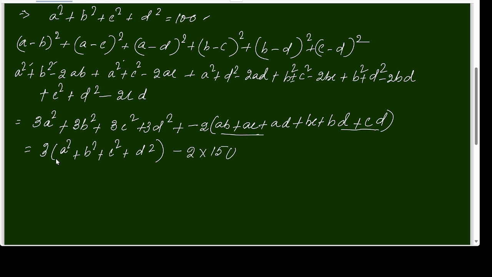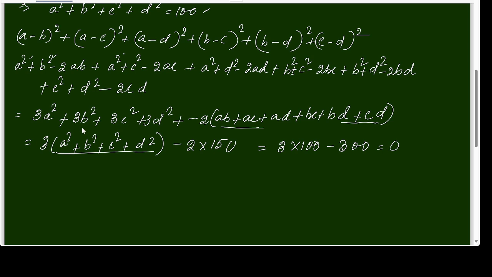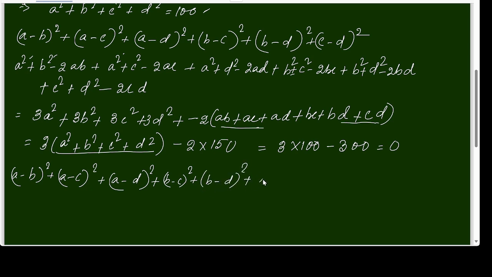Now I'll apply 100 from here. So it will be 3 into 100 minus 300. Certainly this will be 0. So I derived a new expression, that is a minus b whole square plus a minus c whole square plus a minus d whole square plus b minus c whole square plus b minus d whole square plus c minus d whole square equals 0.